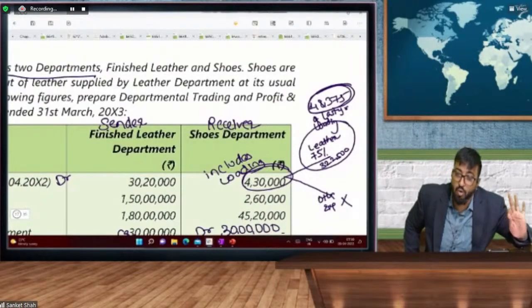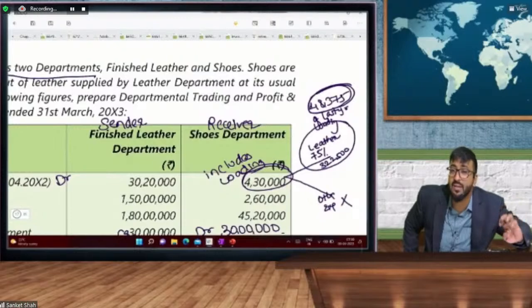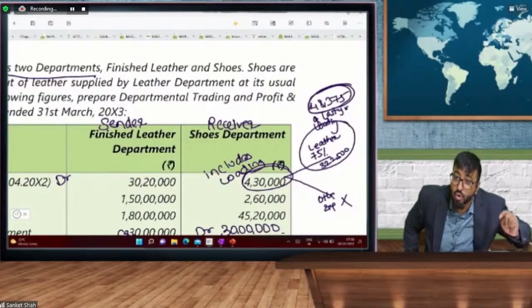This was such a silly question. Beta, I explained the dad-son concept: in dad's closing stock, dad is a sender, and the sender's closing stock never includes loading. I told you in the last session. The receiver is getting goods at some profit from dad. Dad is sending goods at some excess amount. How can you ask this question after attending the last session?